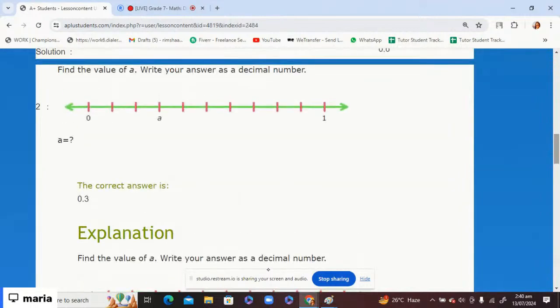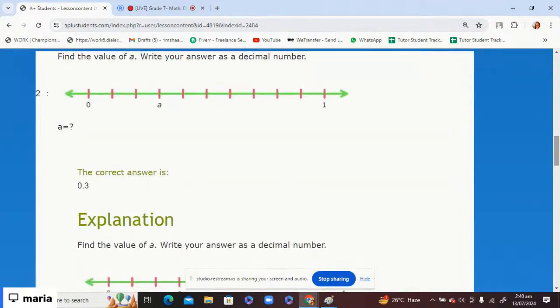Now let's find out the value of a. It started from 0, and then how much is a? What is a here? That is 0.1, 0.2, 0.3.